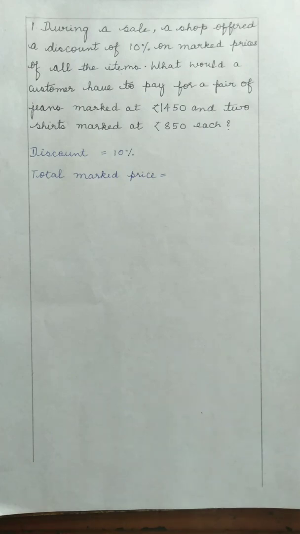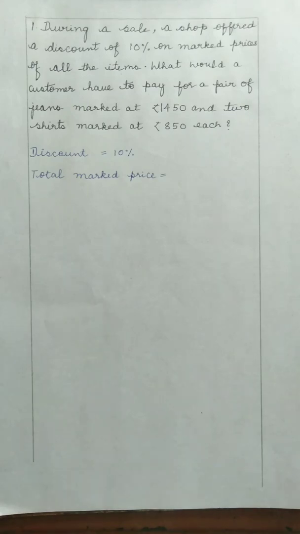So children, in this given problem, discount is given as 10%. Then marked prices are given for both the items. Therefore, we need to find out how much amount the customer has to pay for those two items. That means, children, we need to find out the sale price.